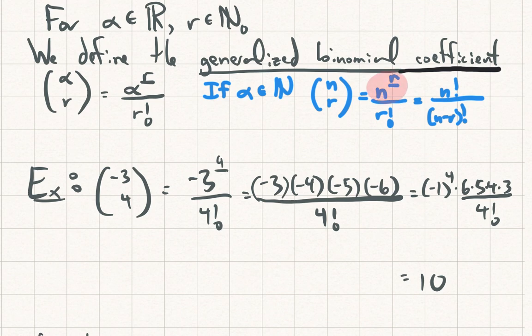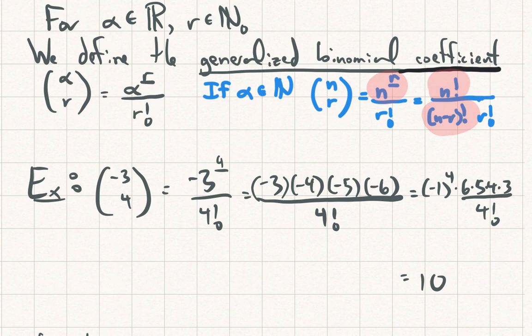So that falling factorial for positive whole numbers looks like that. And then we just have this r factorial here. So it's the exact expression for the regular binomial coefficient. So that's great. So this generalizes quite well.